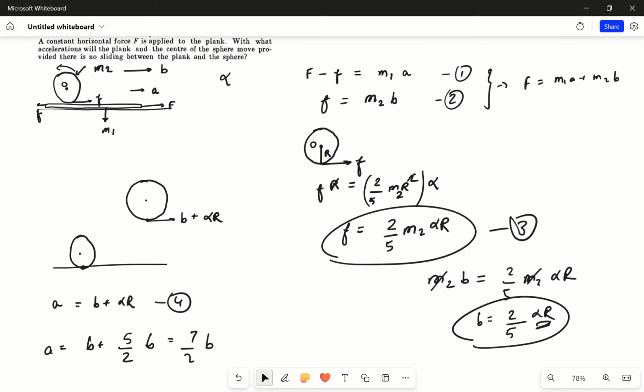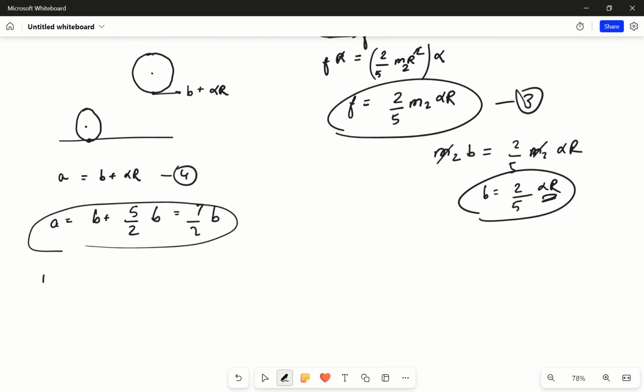Now we can put this value into the equation F is equal to m1 a plus m2 b, where b equal to 2 by 7 a.